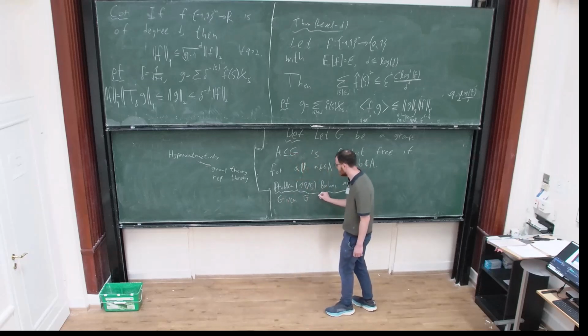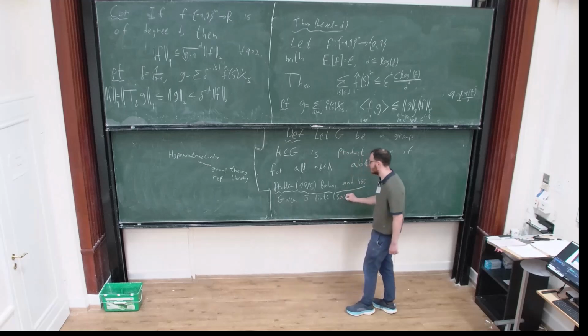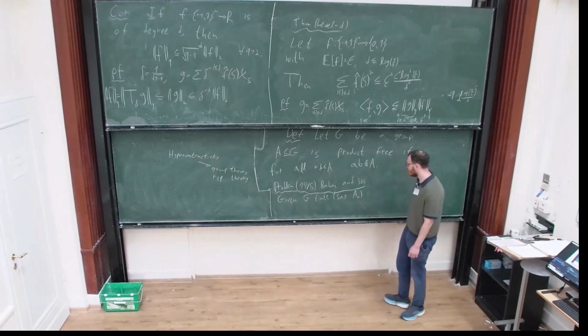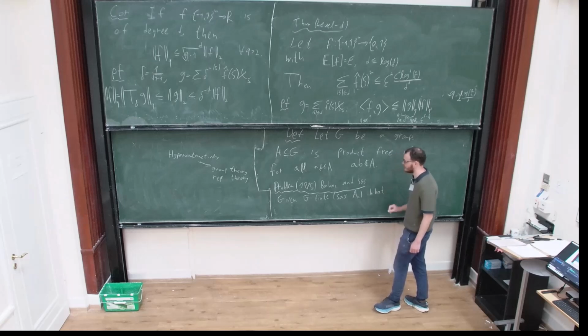Given G finite, they gave an example, the alternating group A_n of even permutations. What is the largest product free subset?